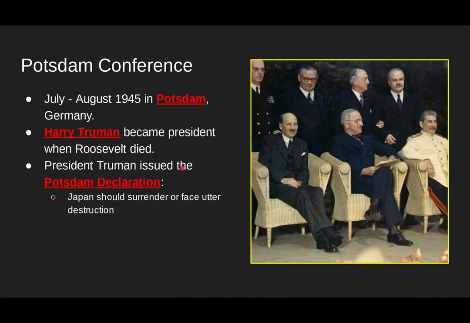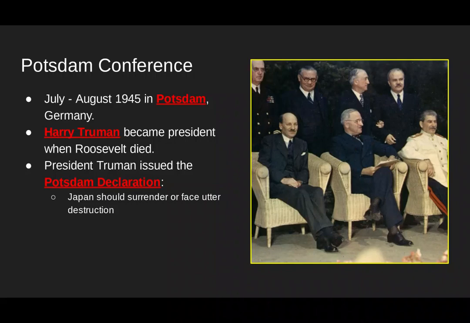in which they call for the complete and unconditional surrender of Japan, and warn that if Japan did not surrender unconditionally, Japan would face utter destruction. While the British and the Soviets might not exactly have known what that meant, Truman knew that the Americans had the atomic bomb that they could and would use against the Japanese.